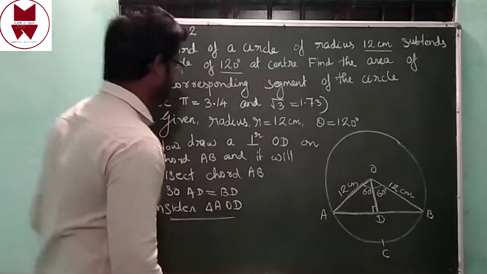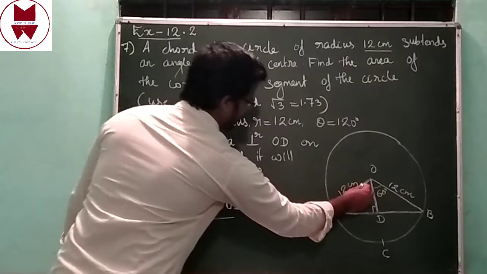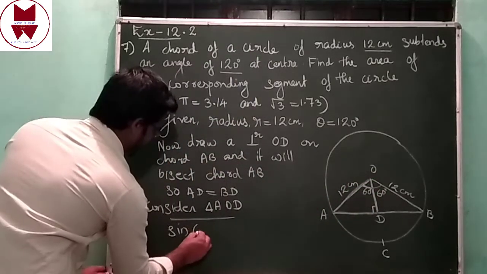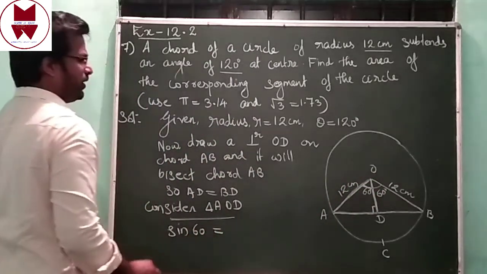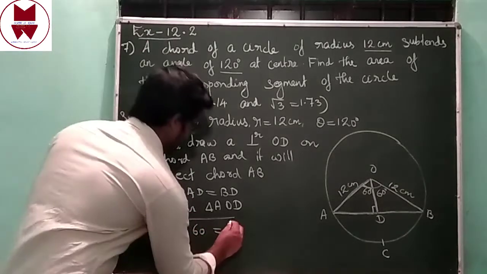For that we will use sine of this angle, sine 60. What is sine? Sine means perpendicular by hypotenuse.